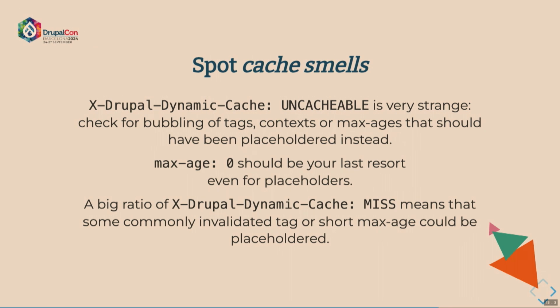Of course, max age, if you see any max age 0, should be your last resort even for placeholders, okay? And a big ratio of Drupal dynamic cache miss, we can see how we can check for this with a module now. A big ratio of this kind of headers means that maybe there's something on your page that is asking for a placeholder, because something on your page is bubbling up and making you lose your cache too often.